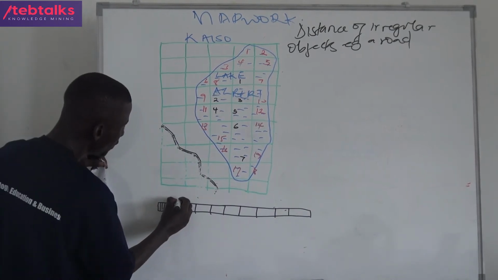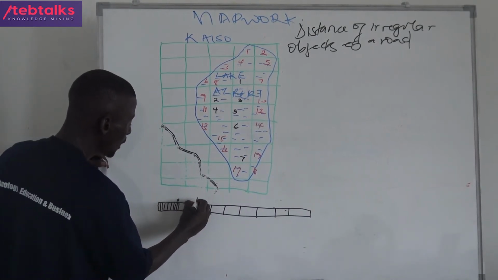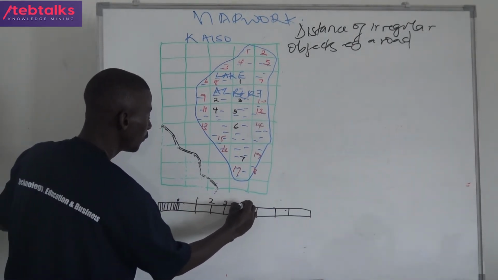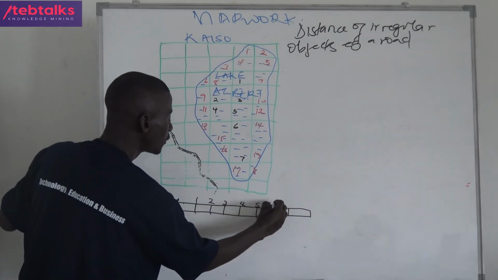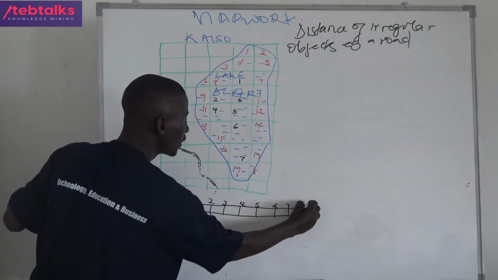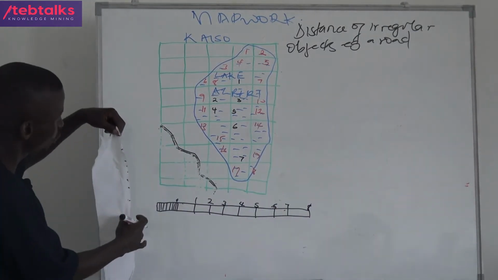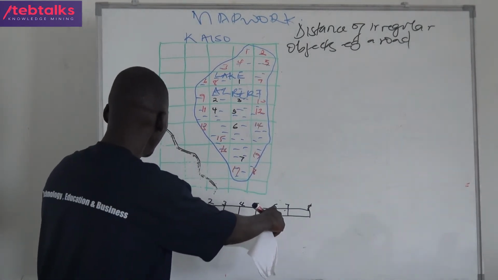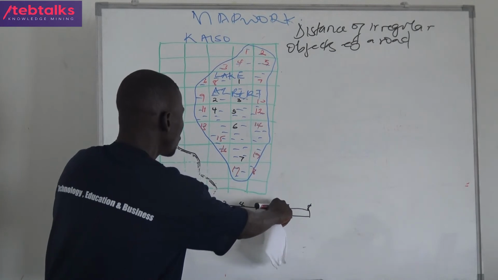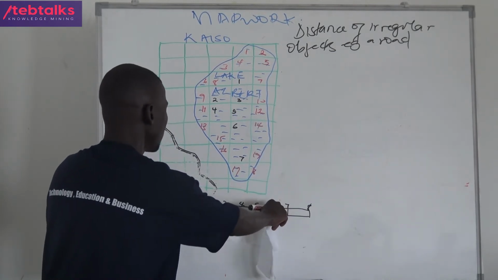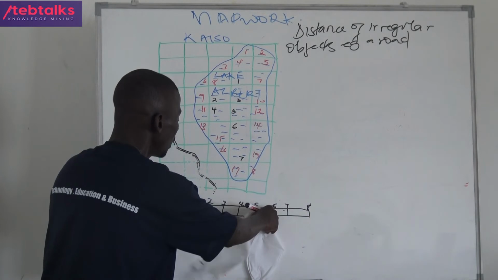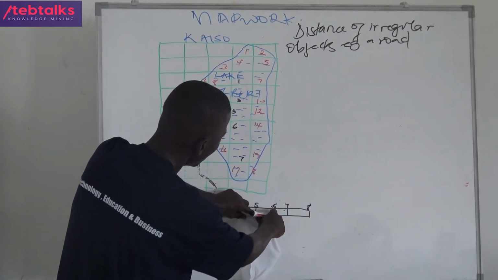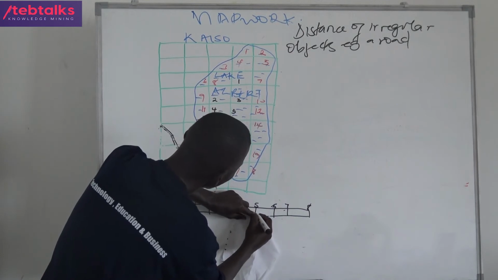It begins from 0, 1, 2, 3, 4, 5, 6, 7, 8. So bring your work here, place it onto this scale, beginning from 0, you stretch it. Then after stretching, here at this point is 5.